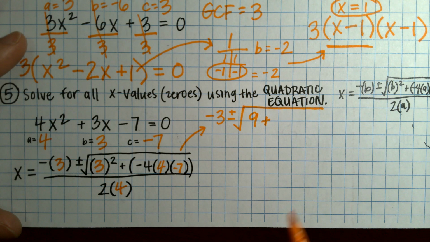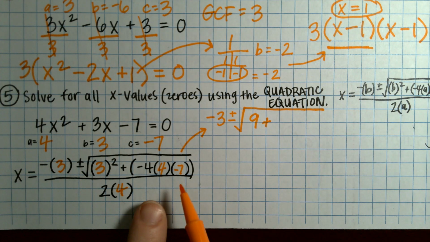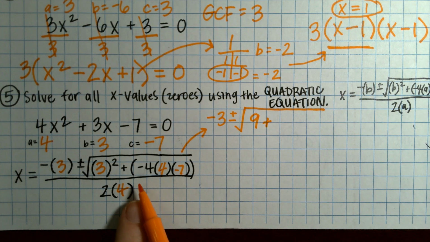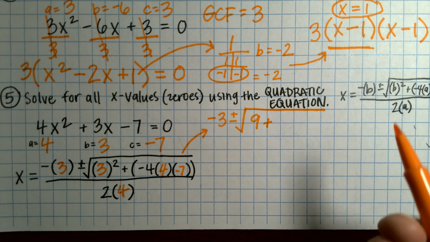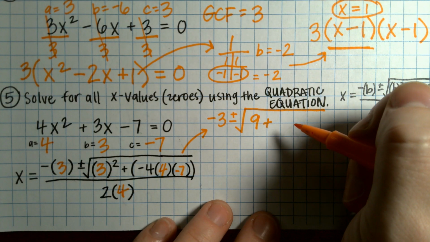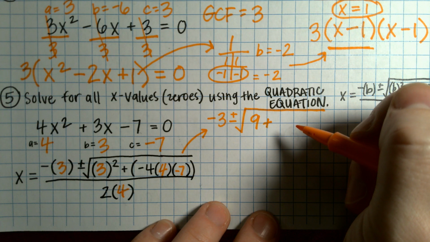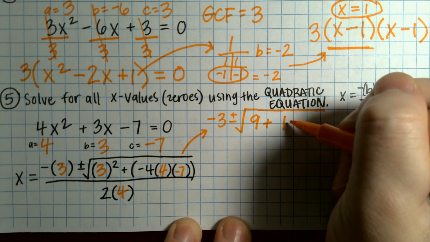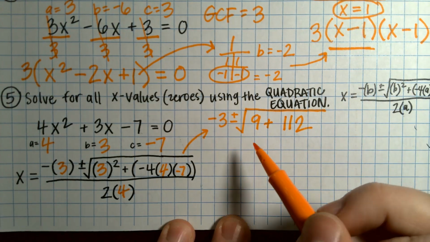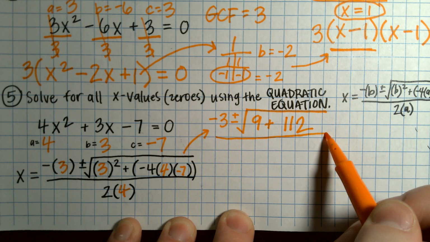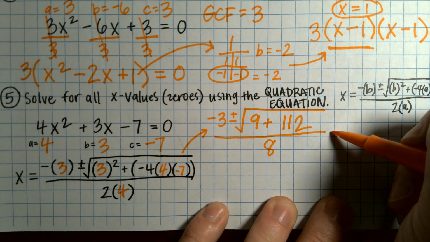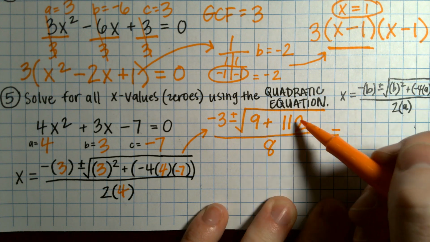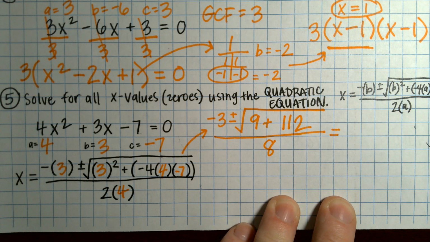What is it? 121 when you do the multiplication for all. So what is -4 times 4 times -7? 112. Oh, sorry, it's 112, then 9 plus 112. Yes. So now we can add those together and we'll get 121.